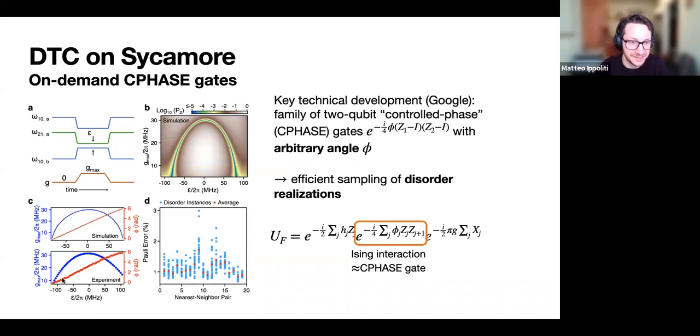Basically, this is the plot that most matters. As a function of some microwave pulse strength, you can sweep this angle in the entire circle. So this is what makes this family of disordered models efficiently realizable, basically at the software level at this point.